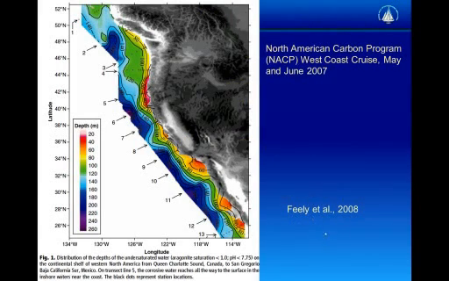The result from the West Coast, this picture probably everyone has seen many times, produced a very important paper about ocean acidification on the West Coast. Many people already know that it is an upwelling driven system.